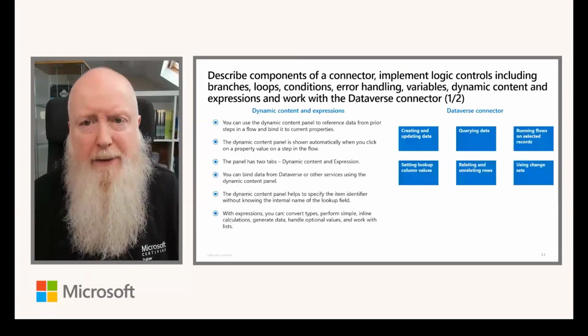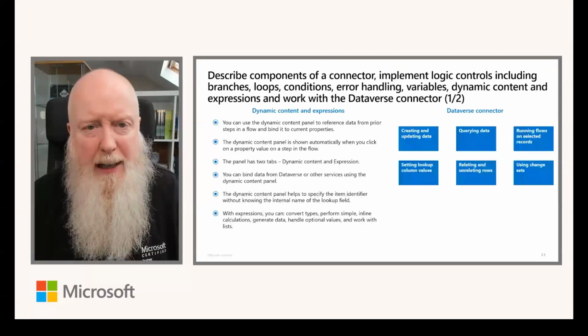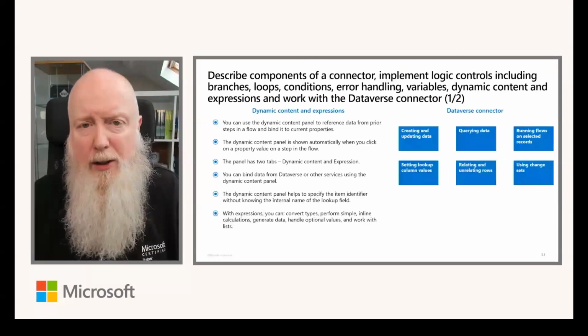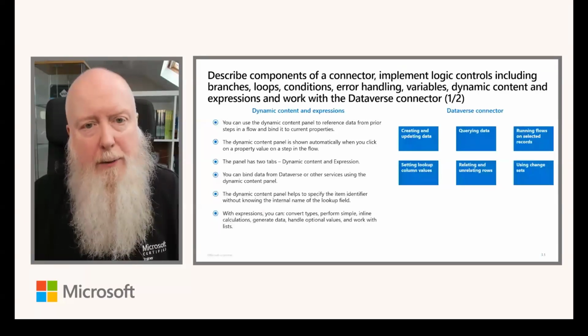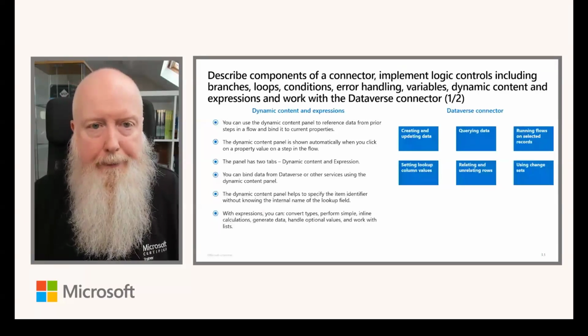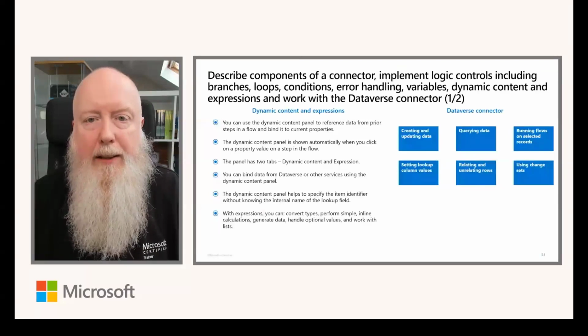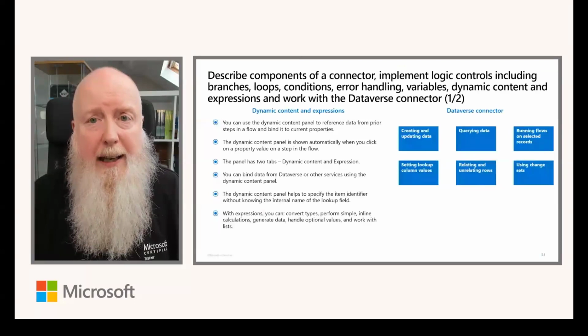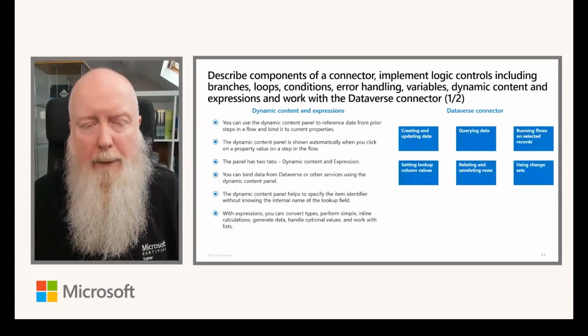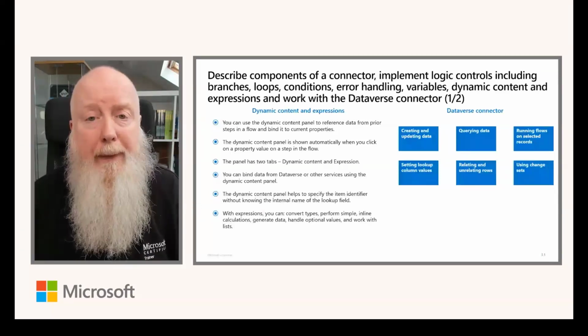For more complex things, we have to use expressions. Expressions allow us to parse data, structure data, or do other manipulations of the outputs. Understanding basic expressions is again very important when you're using Dataverse particularly. If I want to set a lookup, you need to understand how to do that.